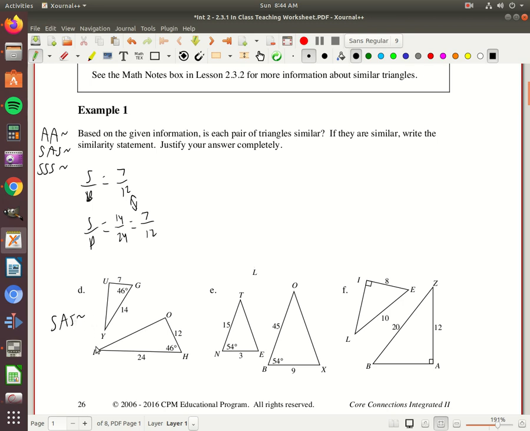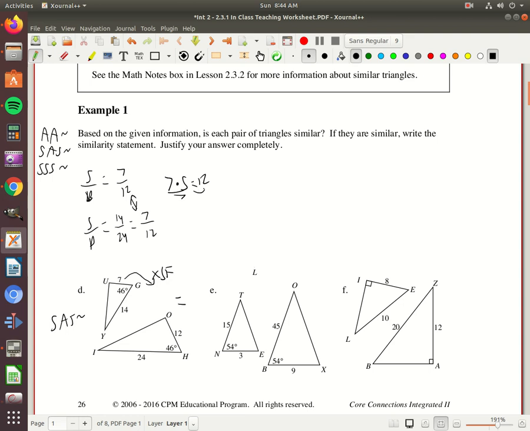Now, interestingly, it doesn't necessarily ask you for the scale factor, but if you did want to know the scale factor, we just do some simple algebra. We know that this number times the scale factor, which is unknown, has to equal this number. So I could say, 7 times the scale factor, I'll just call it S, equals 12.